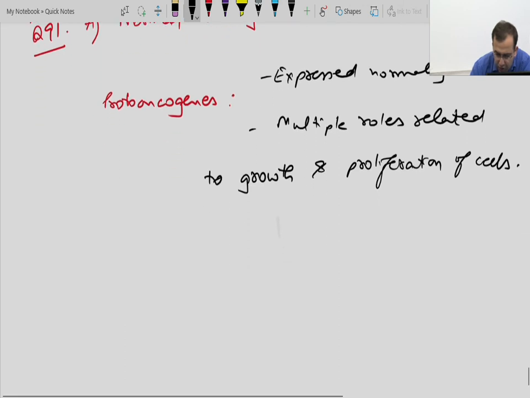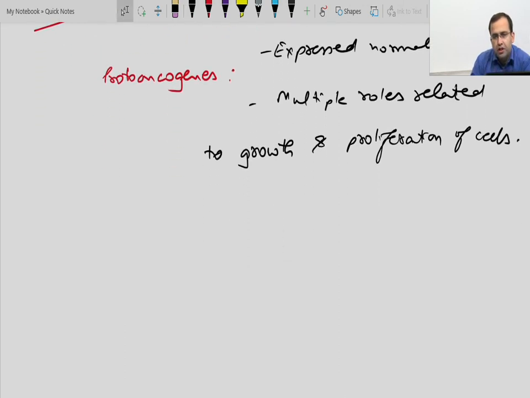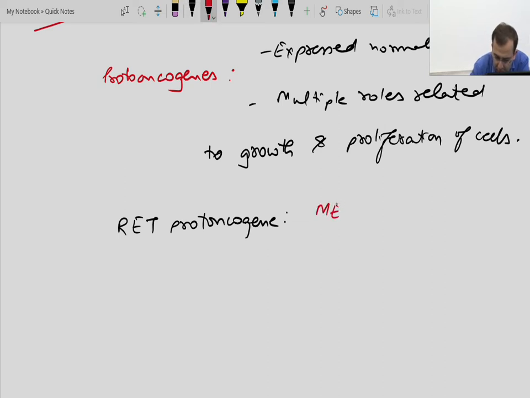Next point, mutations in proto-oncogenes are associated with various tumors. Starting with the RET proto-oncogene, mutations are associated with MEN syndromes, multiple endocrine neoplasias.